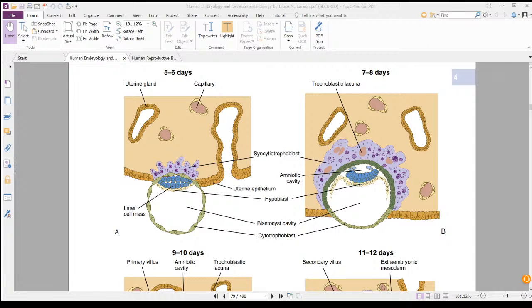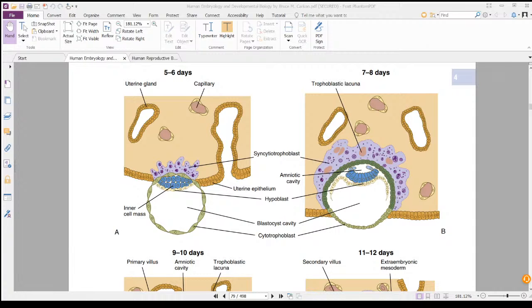If you see the other diagram of the implantation process, the next stage of implantation is penetration of the uterine epithelium. In primates like us, the cellular trophoblast undergoes a further stage in its differentiation just before it contacts the endometrium.